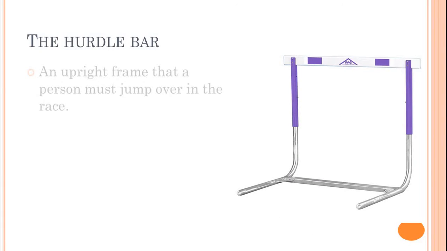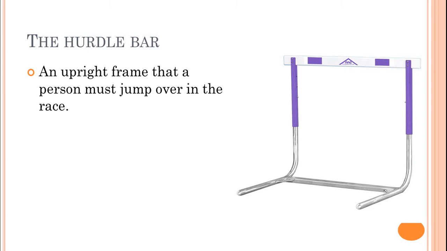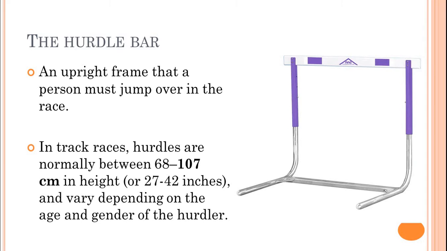The hurdle bar. The hurdle bar is an upright frame that a person must jump over in the race. In track races, hurdles are normally between 68 to 107 centimeters in height.